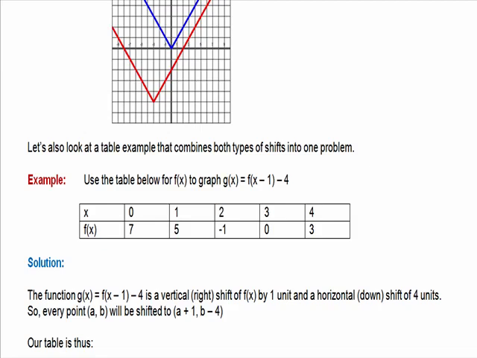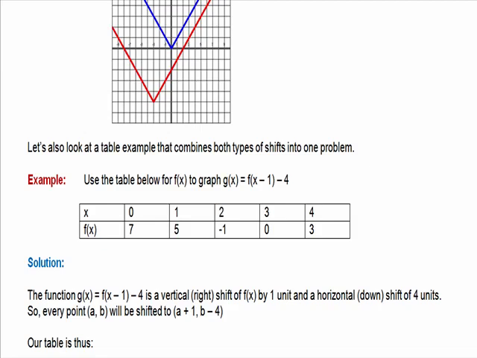So f of the quantity x minus 1, subtract 4. What we notice here is with that x minus 1 inside, we have a right shift of 1 unit, and we have a downshift of 4 units. So inside we have a right shift of 1 and then a downshift of 4.